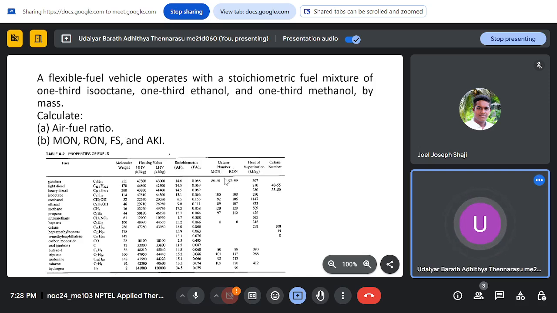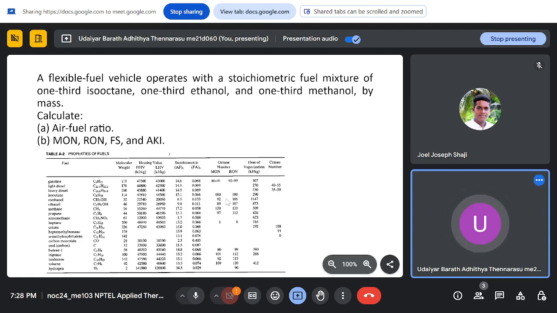We will calculate the octane number. How it's defined: isooctane gives you 100. So isooctane is 100, and you compare it with the other fuels. Octane number is 100 for isooctane, and methanol and ethanol are what is used.